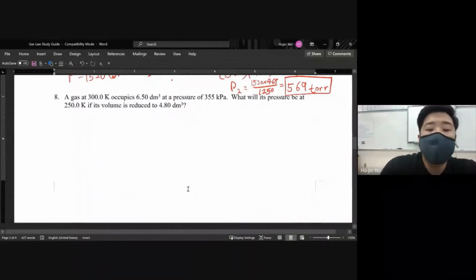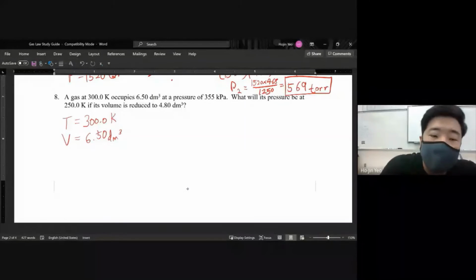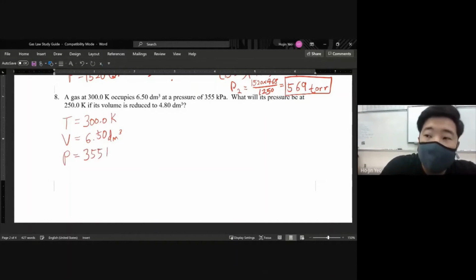For number 8, I'm just going to do the same thing. So we have temperature this time of 300.0 Kelvin. It occupies 6.50 dm3. dm3 represents volume. And we have pressure, which is 355 kPa.